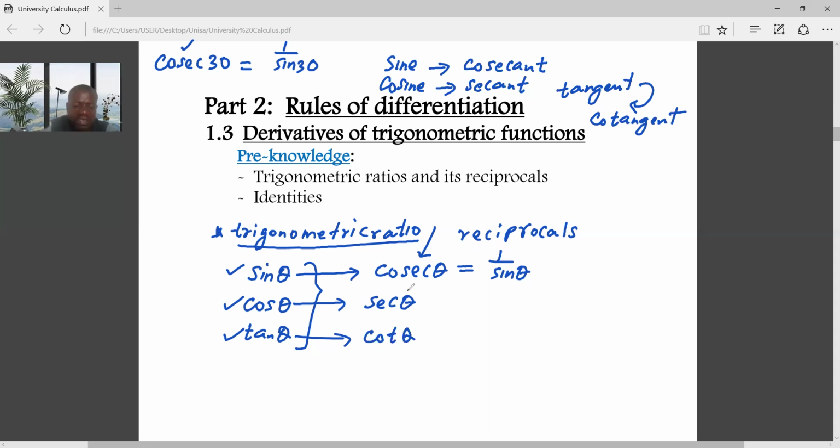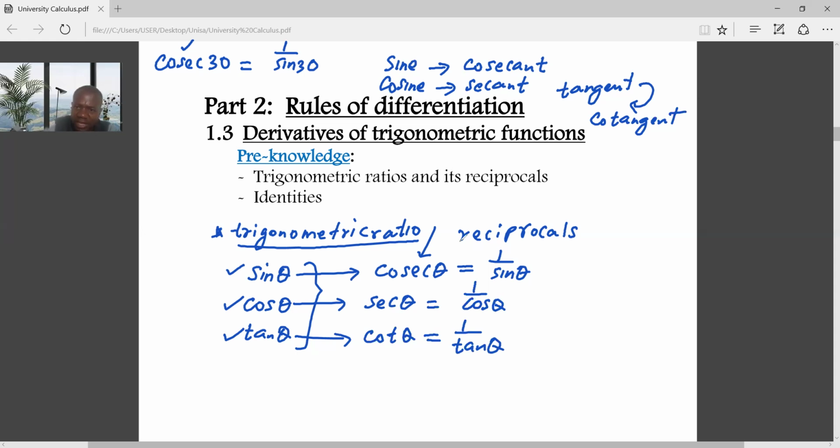So which means that sec is the same as 1 over cos theta. Whereas the reciprocal of tan is cot, which means cot is actually 1 over tan. So these are very important, ladies and gentlemen.